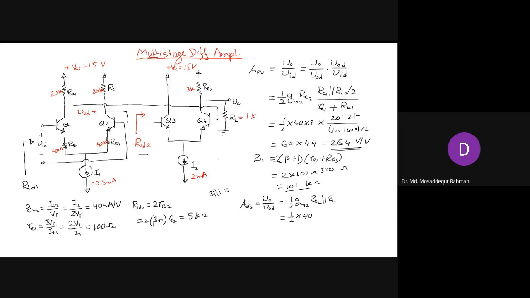Now if you take the parallel combination, what will it be? Can someone tell me?